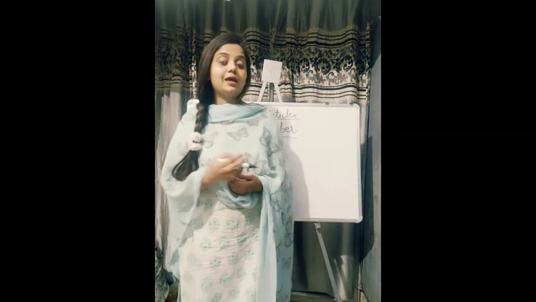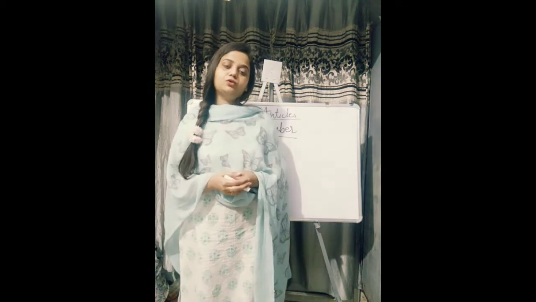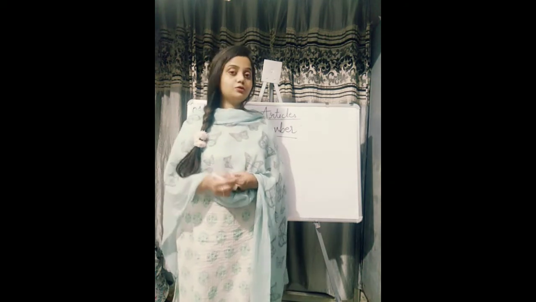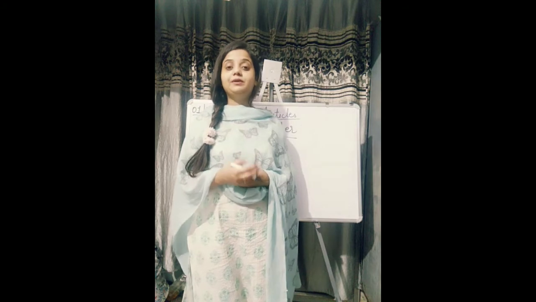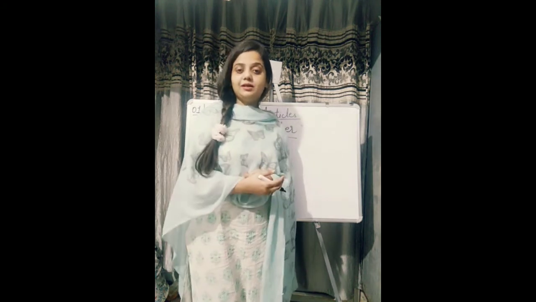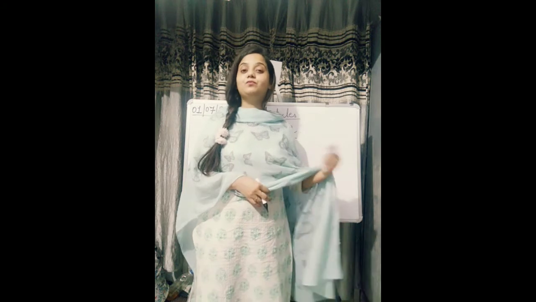Here you came to know that a and an are indefinite articles, and we use a before words which begin with a consonant sound, and an before words which begin with a vowel sound. There are some words which begin with a vowel but have a consonant sound, so before those words we use a, and there are some words which begin with a consonant but have a vowel sound, so before those words we use an.